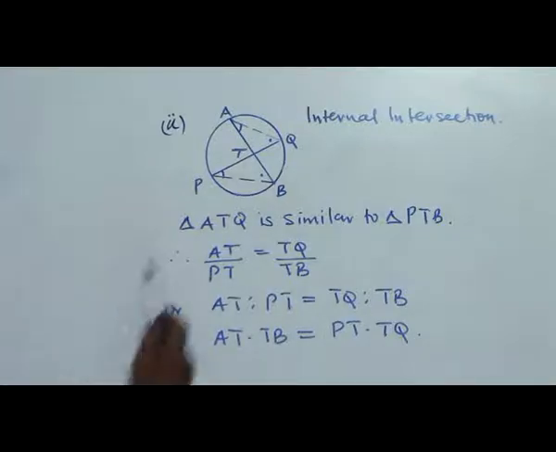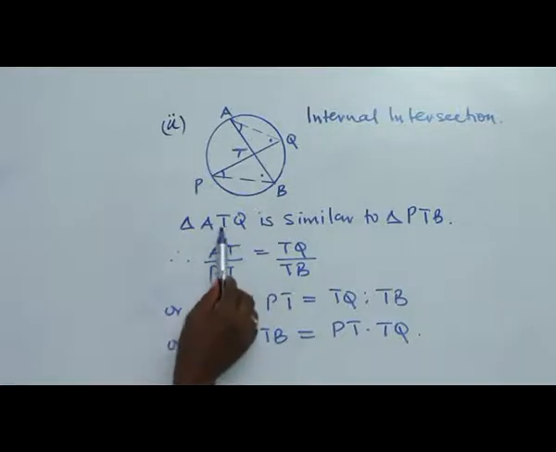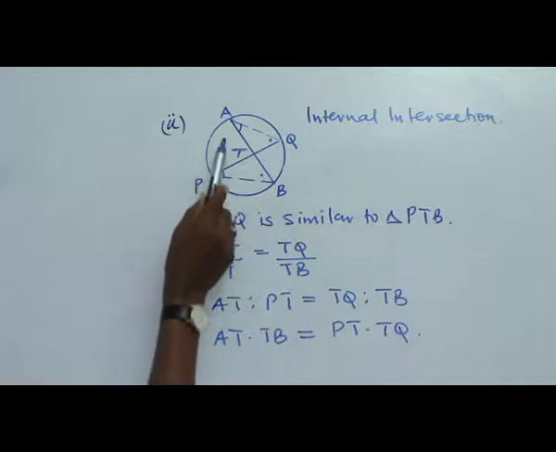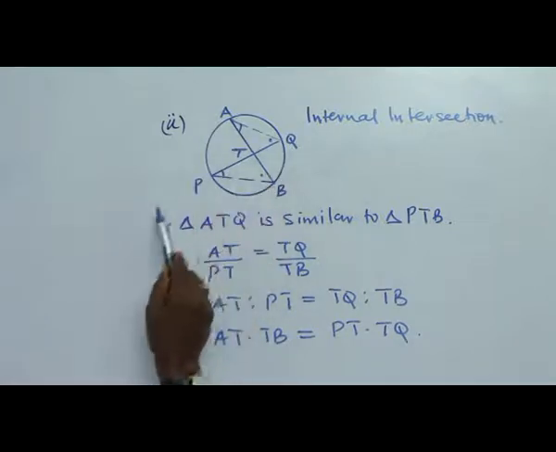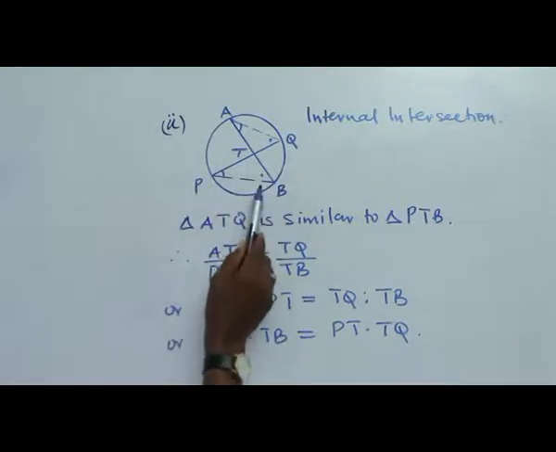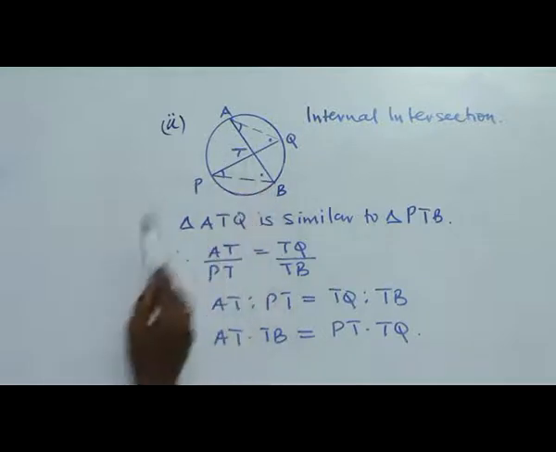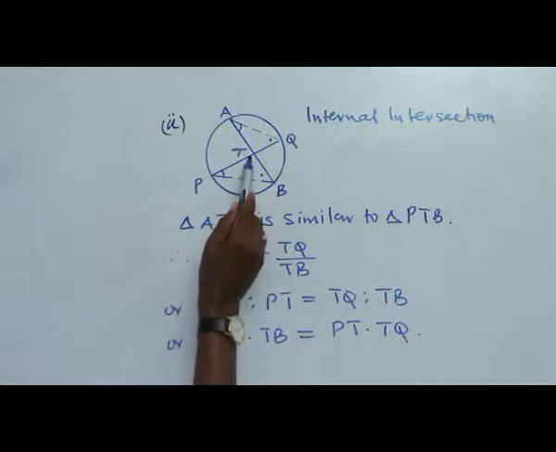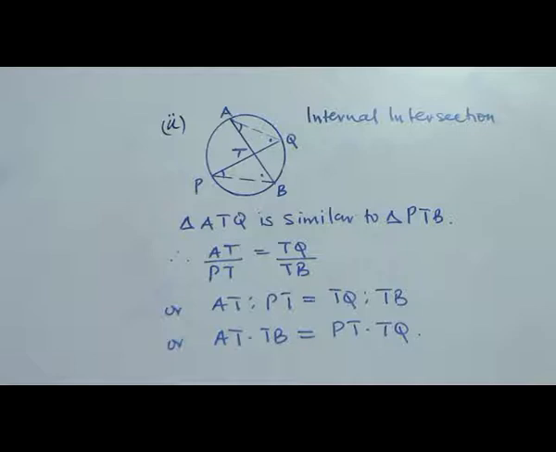They are the angles in the same segment. Now, triangle ATQ is similar to triangle PTB. This is your ATQ and this is your PTB. Since this angle and this angle they are equal, this angle and this angle they are equal, therefore the angle T is also equal in both cases.